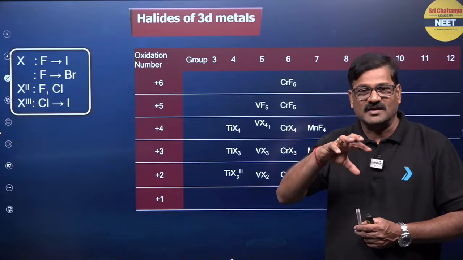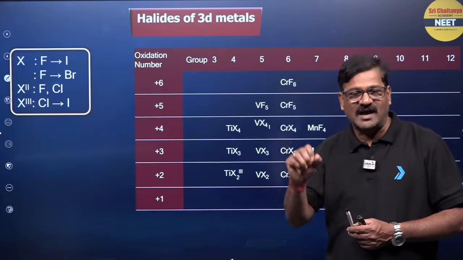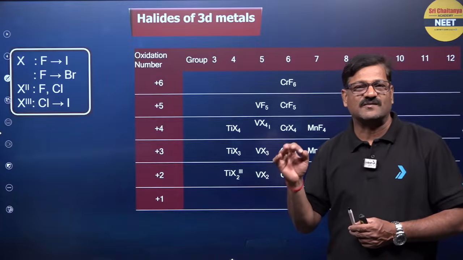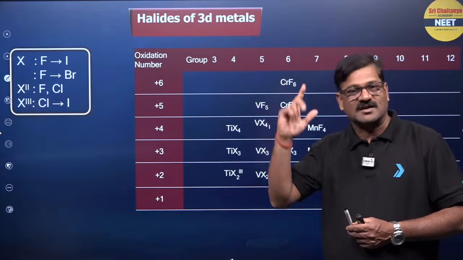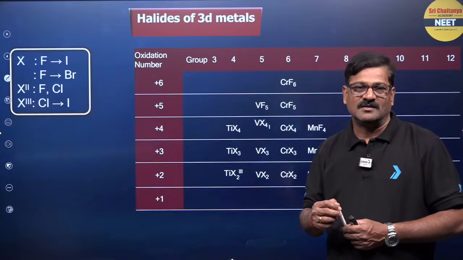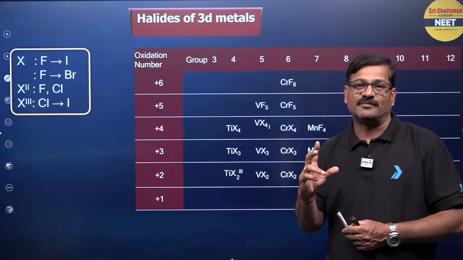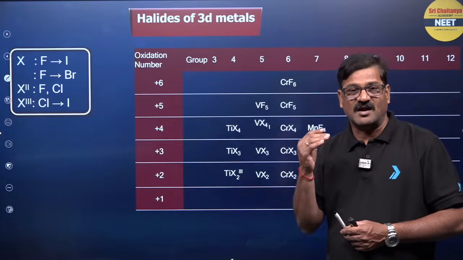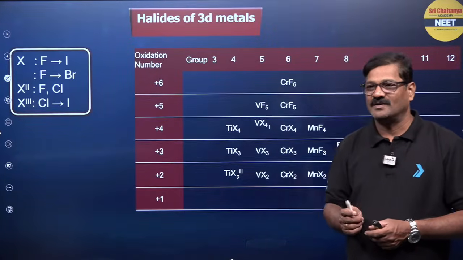Because of this bonding, the system is going to be more stable. So it is observed that when the metal binds with either fluorine or oxygen, it shows its highest oxidation state. Especially with oxygen, it shows the highest oxidation state due to the formation of multiple bonds, as oxygen has the ability to form multiple bonds with the metal.